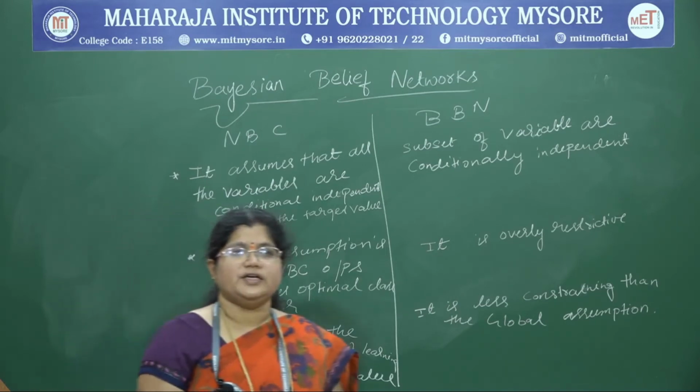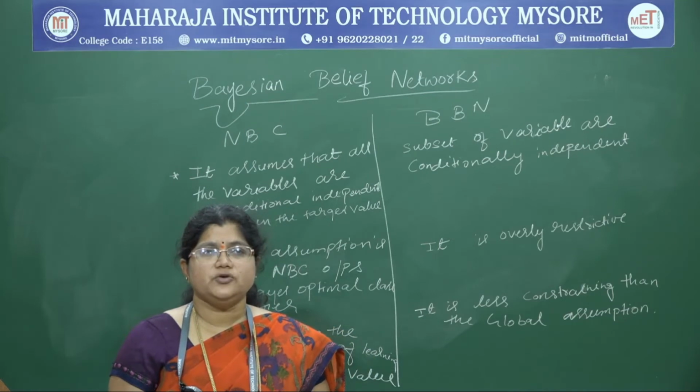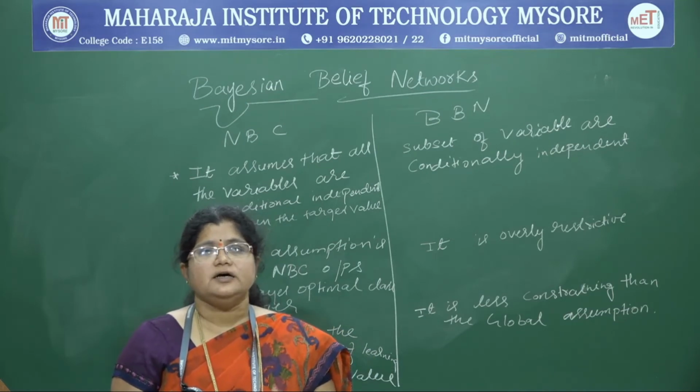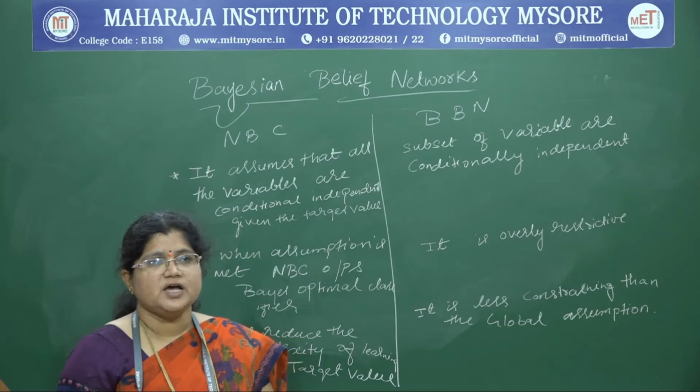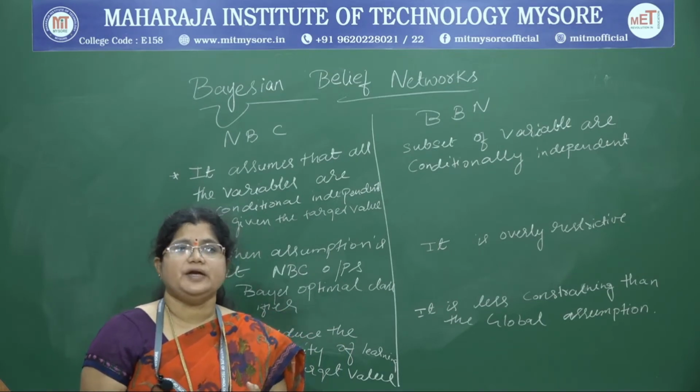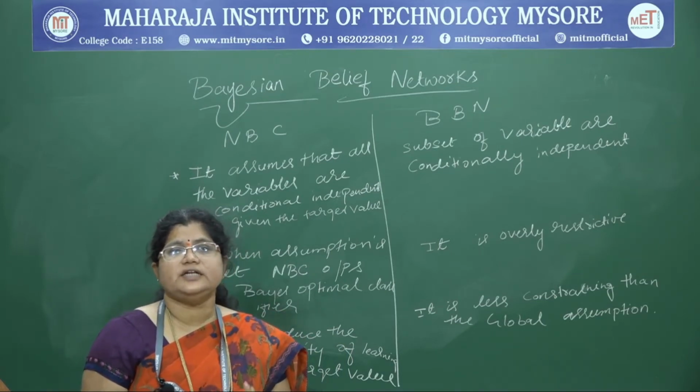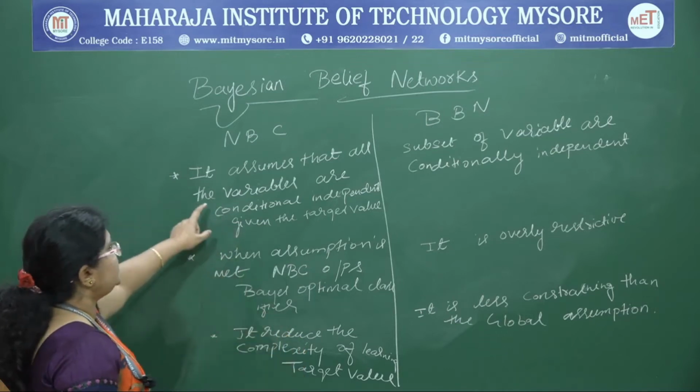The Naive-Bayes classifier makes significant use of the assumption that the values of attributes are conditionally independent given the target value. That is the first difference.